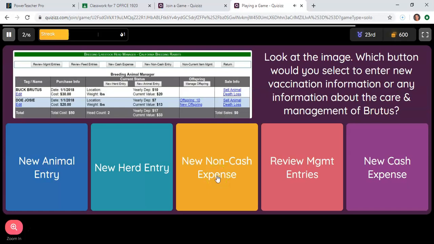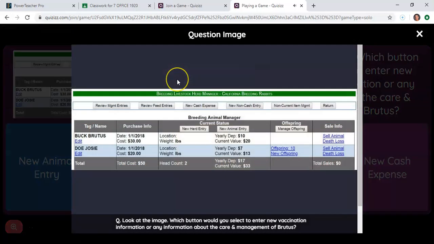Look at the image. Which button would you select to enter new vaccination information or any information about the care and management of Brutus? Well, let's zoom this in a little bit. Here, new herd entry. And then we can go into that and make some adjustments to activity that has occurred regarding these animals.